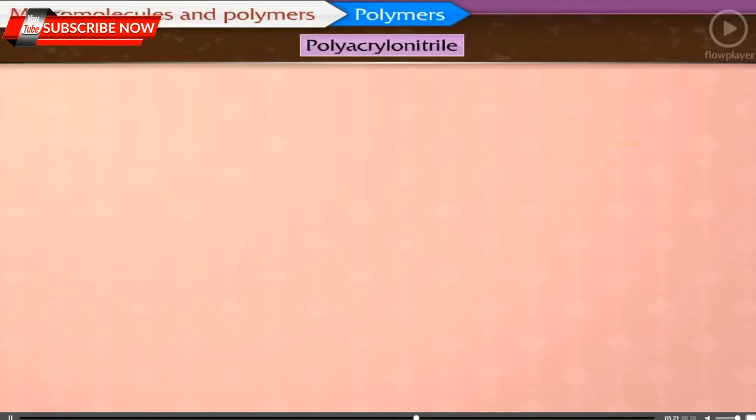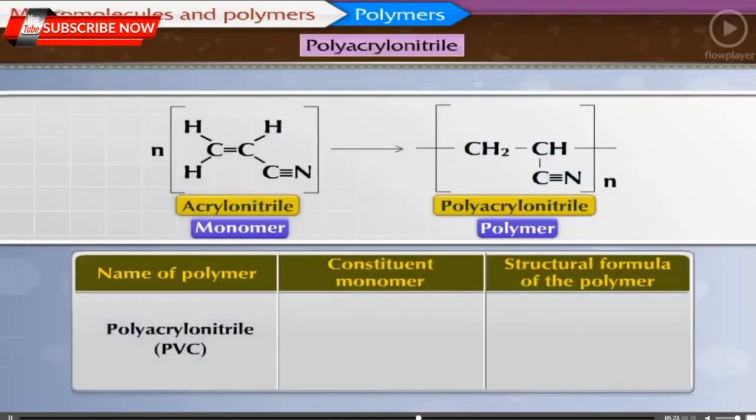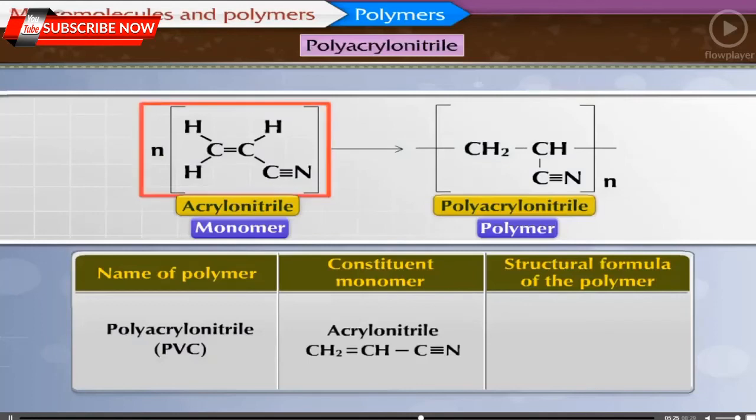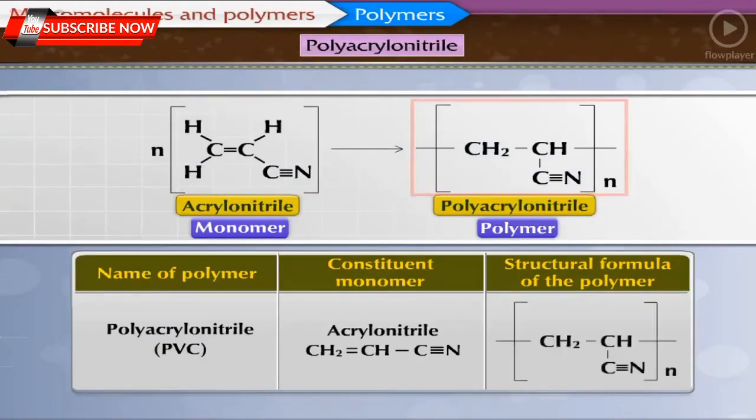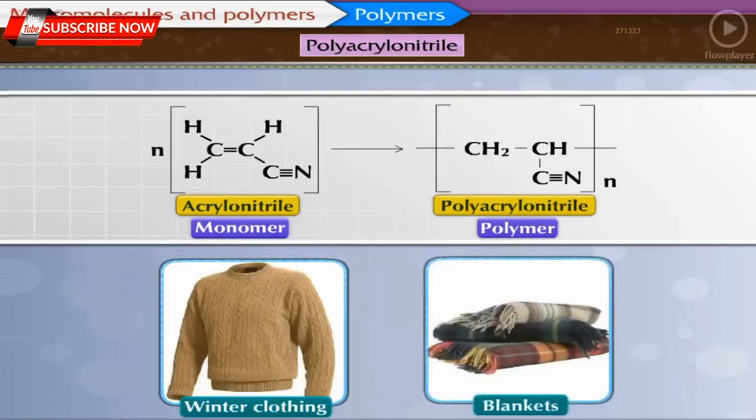Polyacrylonitrile. Acrylonitrile CH2=CHCN is the monomer of this polymer. While this is the structural formula of polyacrylonitrile and it is used to make winter clothing and blankets.